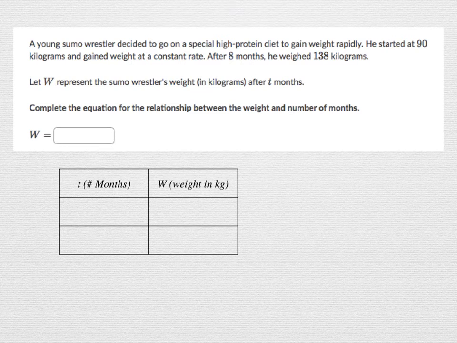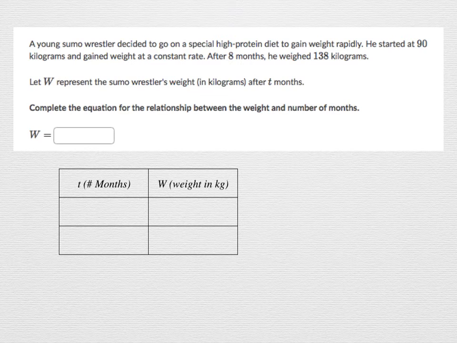And what I like to do is look for a couple of ordered pairs. If I fill the ordered pair information into my table, it can help me figure out what the initial value is that's given in the problem, or what the rate of change is that is being described.